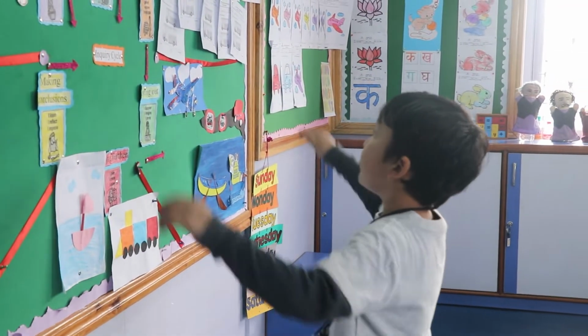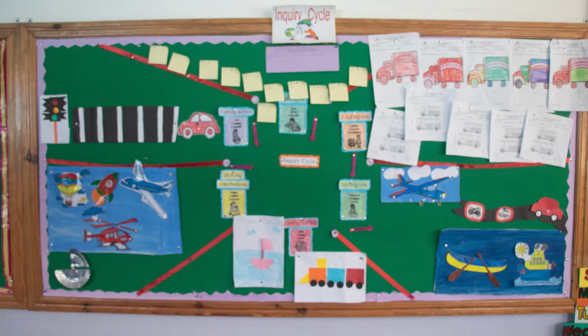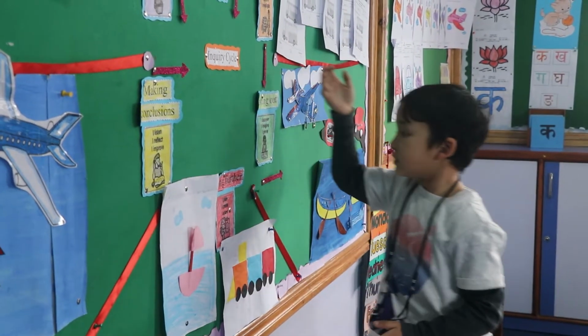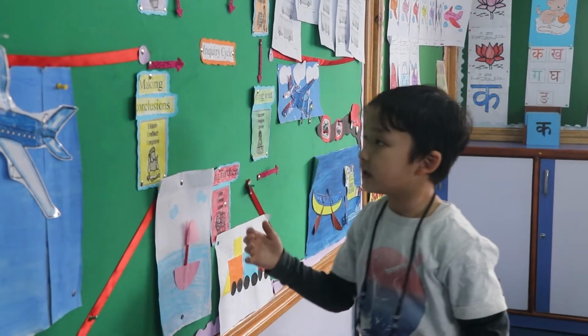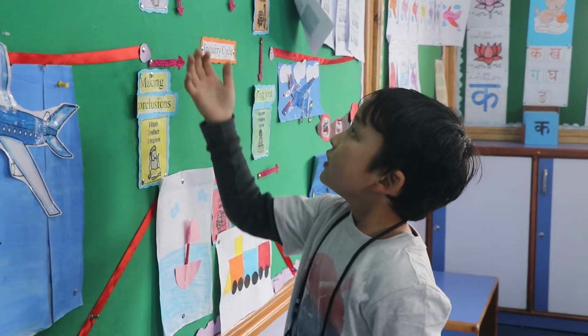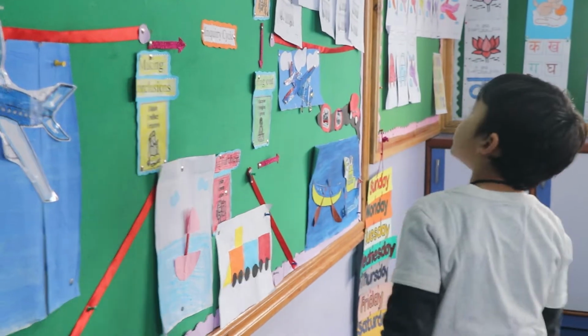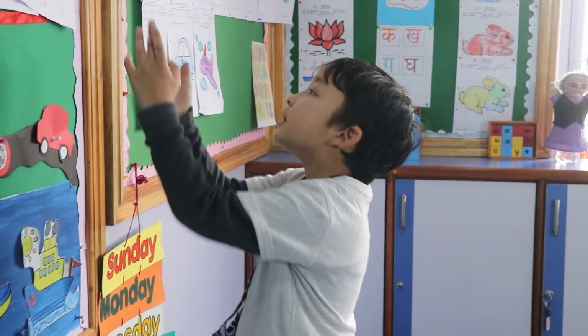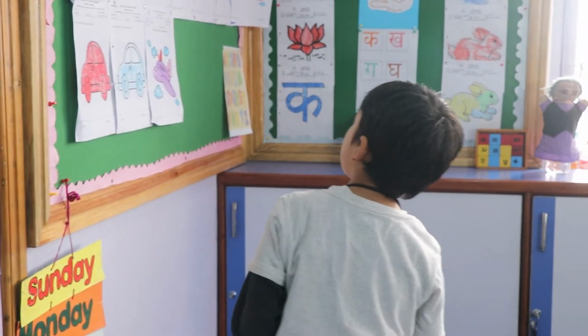These are the inquiry cycles. There are 6 of them: tuning in, finding out, sorting out, going further, making conclusions, taking action. And you see here there are drawings of them.